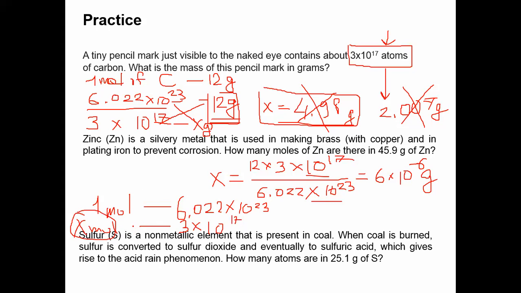To find the mass, you need to multiply X, whatever you get, which is moles, by the molar mass, which is 12 gram per mole. So mole and mole are gone and you end up with grams. This is X grams. X moles, I'm sorry, this X moles. Did you get the point?